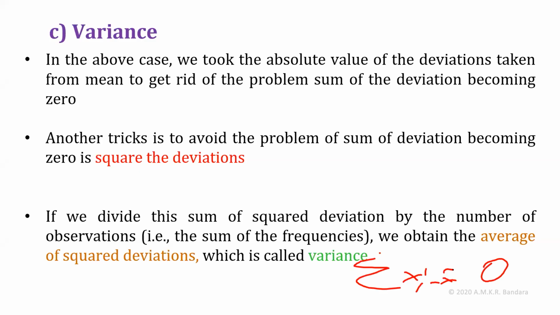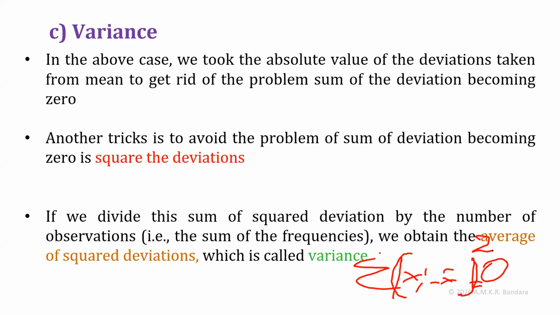X bar getting 0 was overcome by getting the absolute value of this deviation. Another way to overcome this problem is to get the square sum instead of the absolute value.